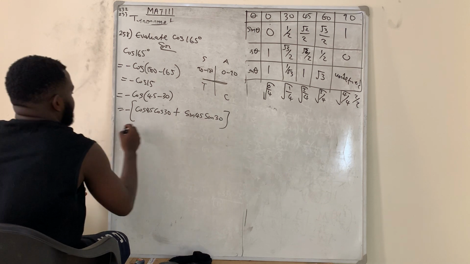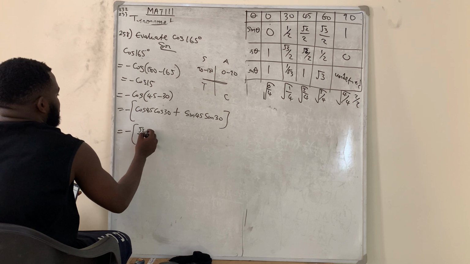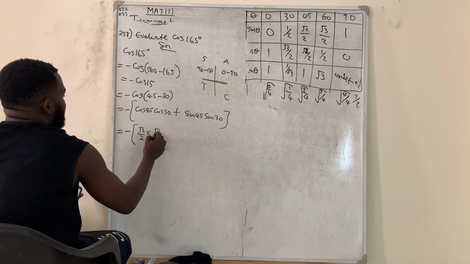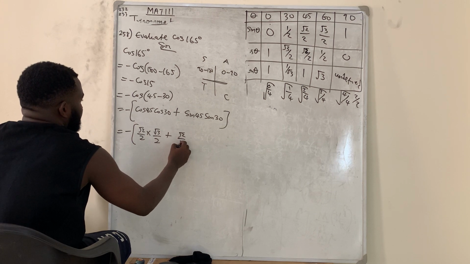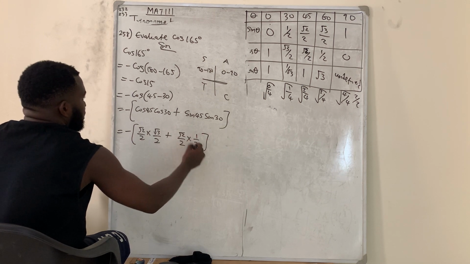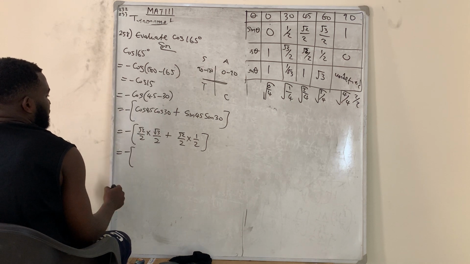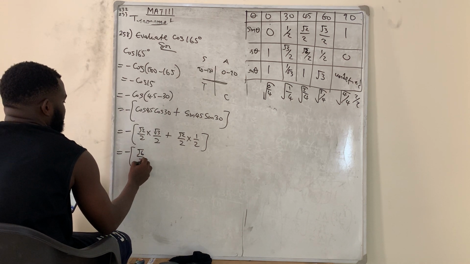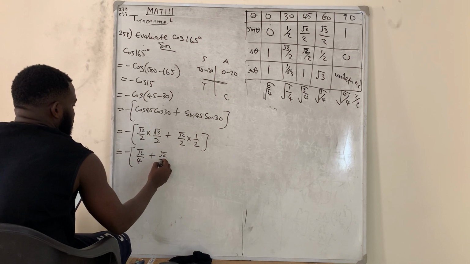So this is minus into root 2 over 2 times root 3 over 2 plus root 2 over 2 times 1 over 2. So I'm going to have root 6 over 4 plus root 2 over 4.